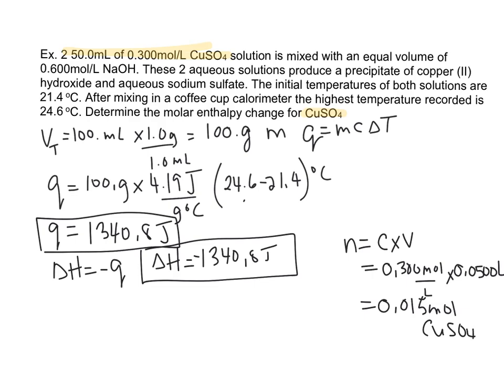So now we're going to plug that into our equation. The enthalpy change is equal to the number of moles times the molar enthalpy. So now delta Hx is delta H, enthalpy change, divided by the number of moles.